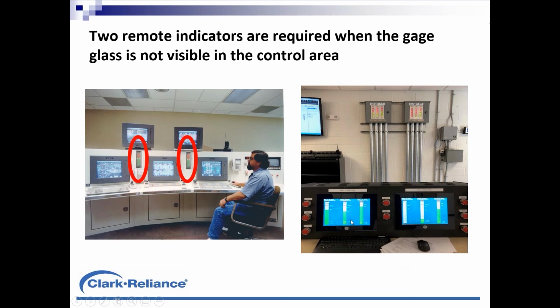This is in a different plant, and what we've got here are 2 units with 3 drums each. On the monitors below, we're looking at differential pressure transmitters, and on these indicators above, those are from conductivity probe devices. And you'll see each one of these are corresponding with the same levels.